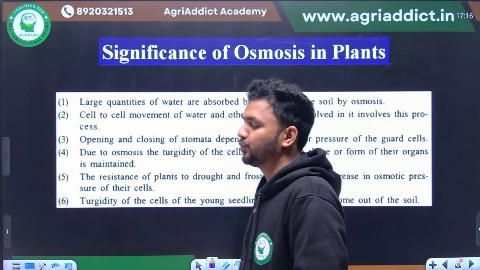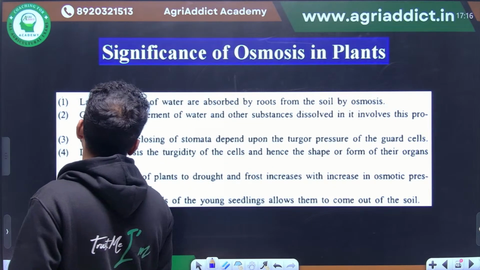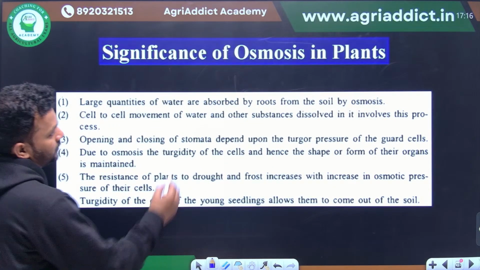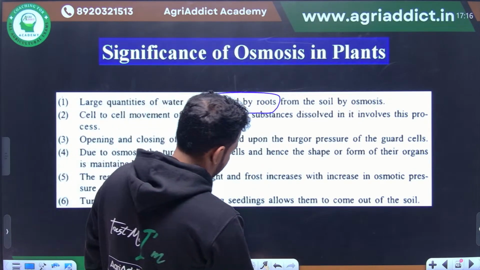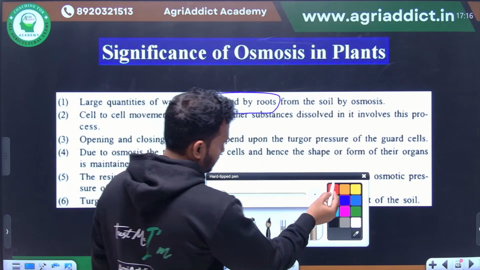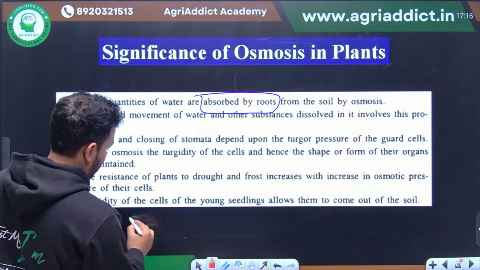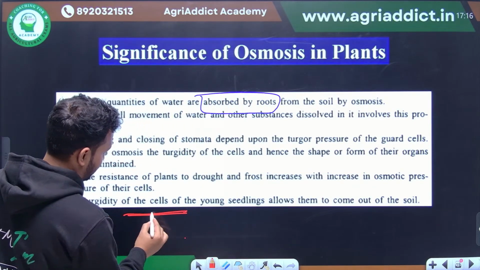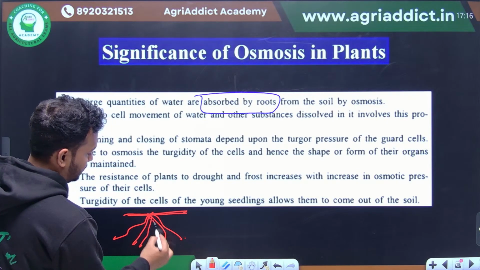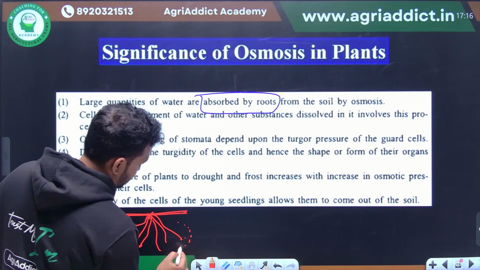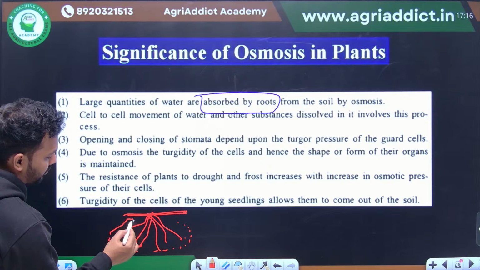What is the significance of osmosis? Absorption by roots occurs through osmosis. For example, here it is the soil, roots, and here the nutrients or water molecules.